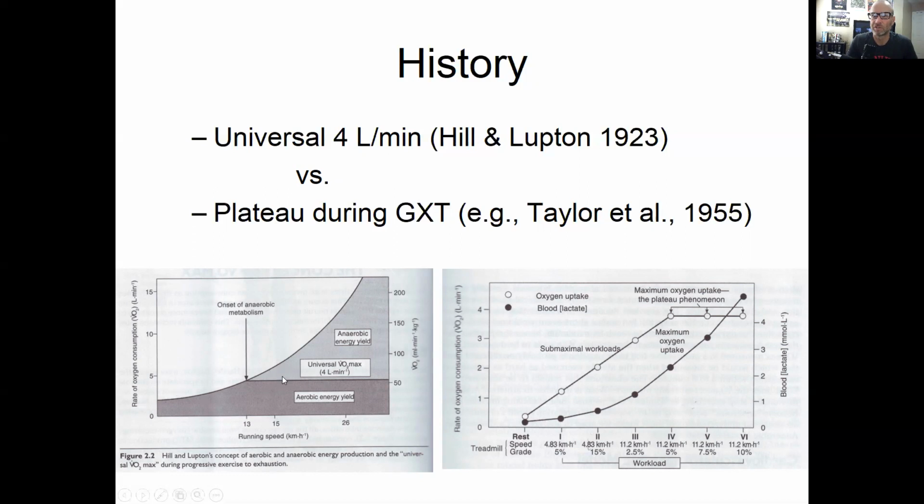So this is the light gray area here. And if someone wanted to run even faster, 26 kilometers per hour, obviously it would take more anaerobic conversion of chemical energy to mechanical energy to run at that speed, because the rate of aerobic conversion was limited in this hypothesis to 4 liters per minute.